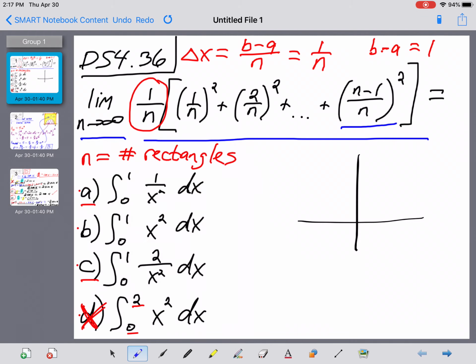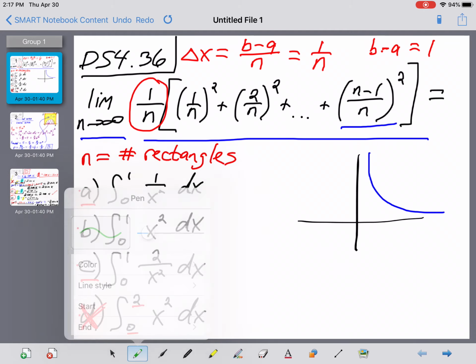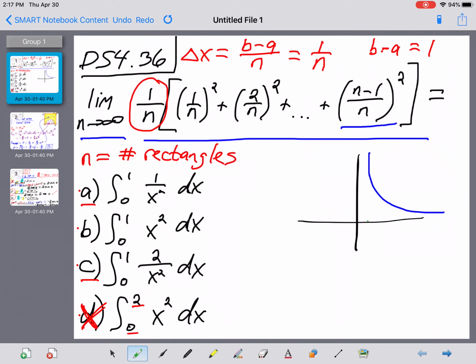In both 1 over x squared and 2 over x squared, those graphs essentially look something like this. And what that means is that if you were now going to take a region right here and cut it up into a whole bunch of rectangles, and I don't really care whether we're dealing with left rectangles, right rectangles, it doesn't really matter right now, you can see that for both 1 over x squared and 2 over x squared, the heights of those rectangles are decreasing as we move from right to left.